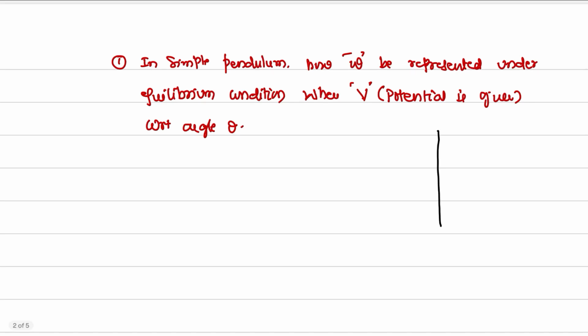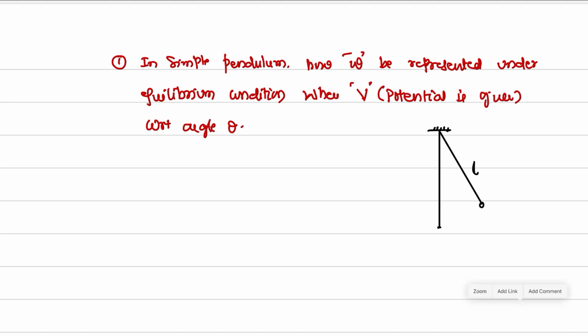You just see, it's a simple pendulum. In the initial stage, the simple pendulum bob is here. This is the bob. And this is the maximum length of the string, and let this be L, length of the string.